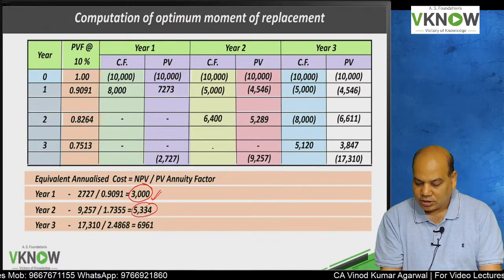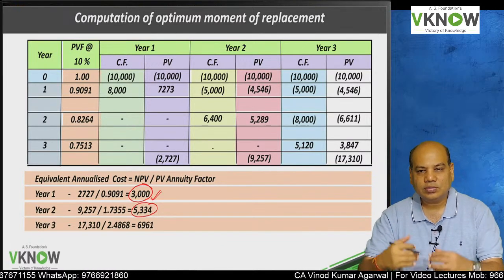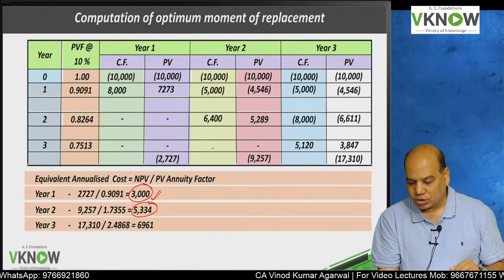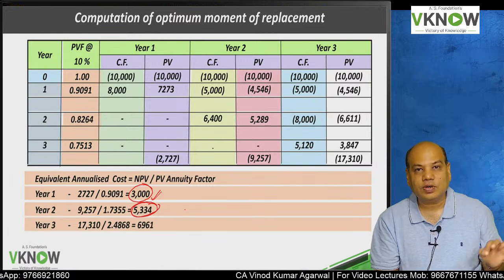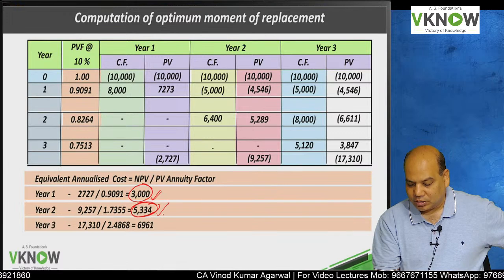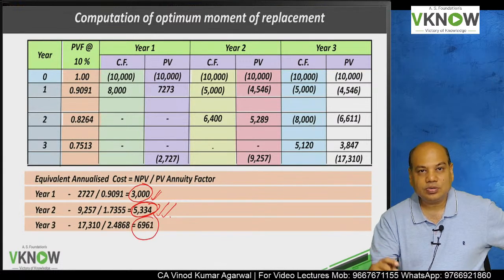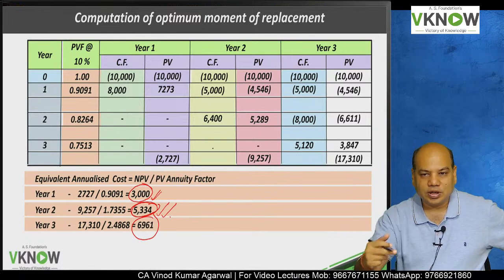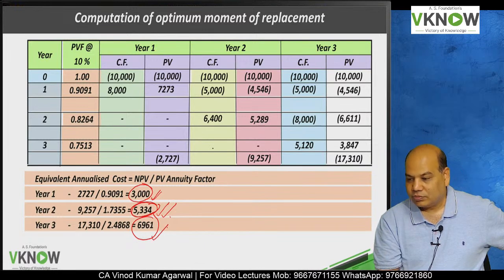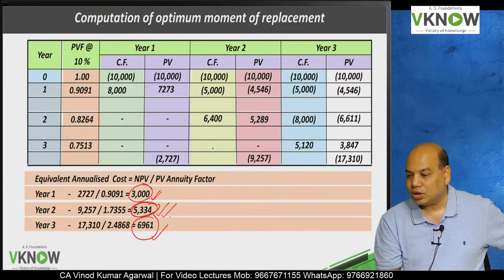If you buy an asset and keep on replacing after 2 years, buy it today, use it for 2 years, then sell it, the equivalent cost per annum is 5334. It is like spending this amount per annum. If you buy an asset today and keep on replacing after 3 years, it is equivalent to incurring rupees 6961 per annum. So which is cheaper to run per annum?